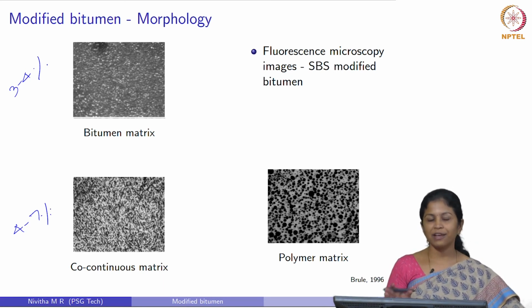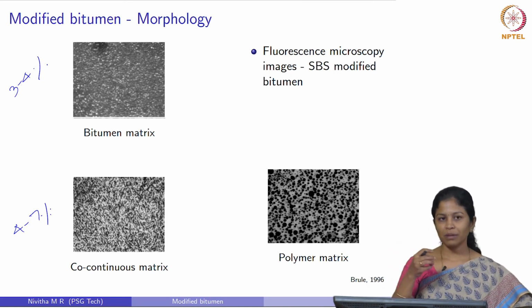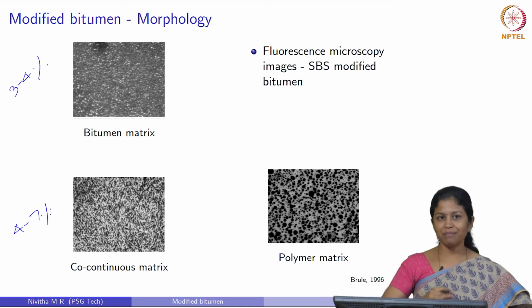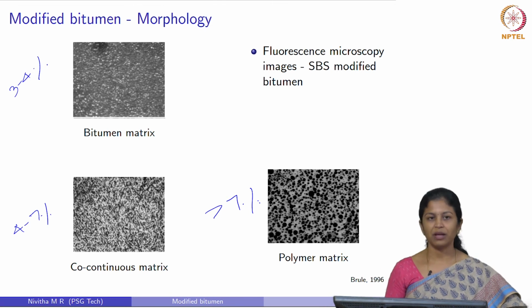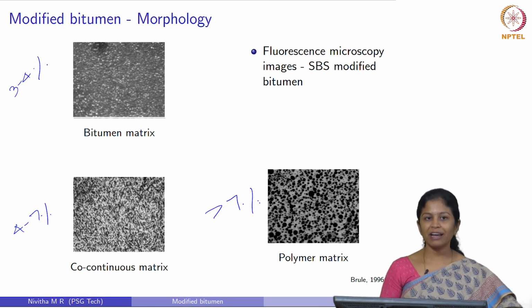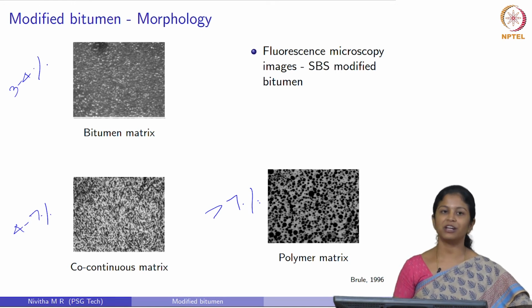This is called phase inversion. This happens when the modifier forms the base and bitumen is now distributed in the modifier matrix. This roughly happens at concentrations greater than 7%. When we look into the interaction of SBS with bitumen, we will see why addition of 7% of SBS causes something like a phase inversion.